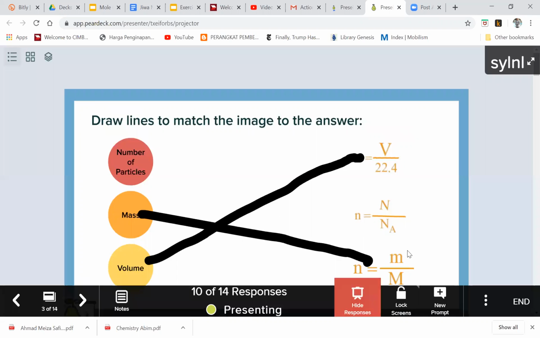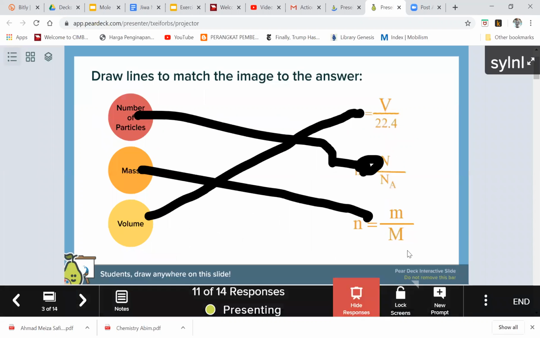Yes, thank you. Some of the responses here we can see the volume here. This formula you are going to use for mass, this formula. For number of particles, you are using this formula. Good. Is it true, right?